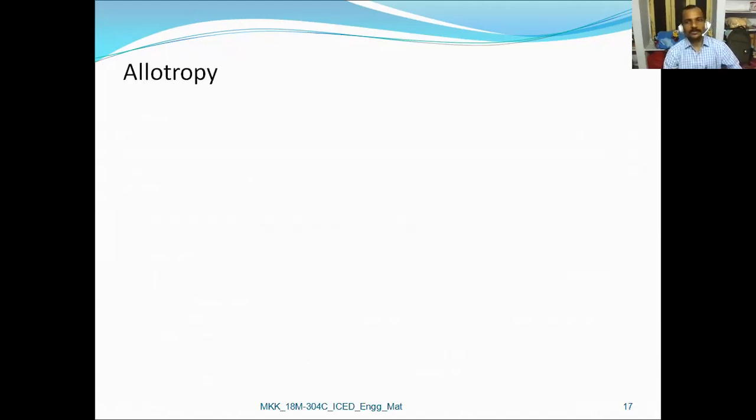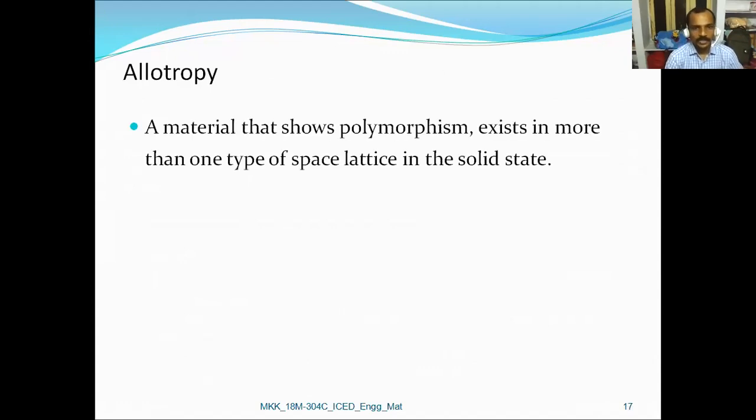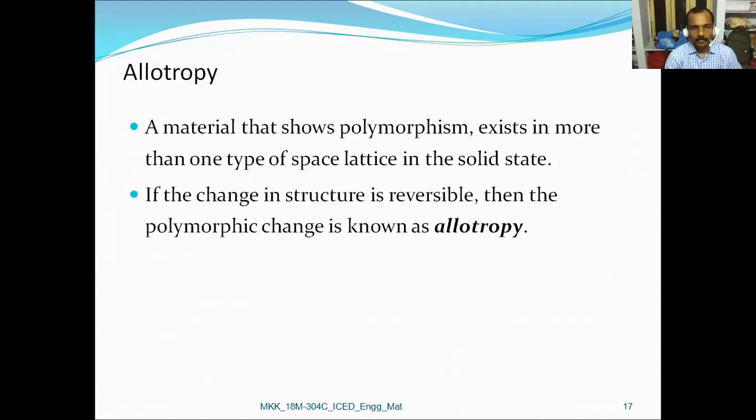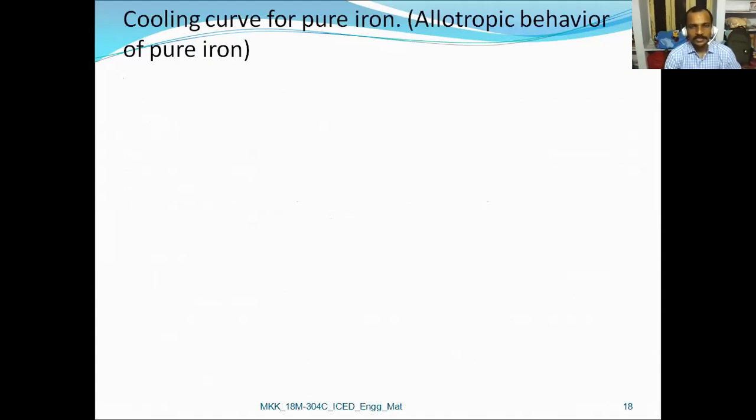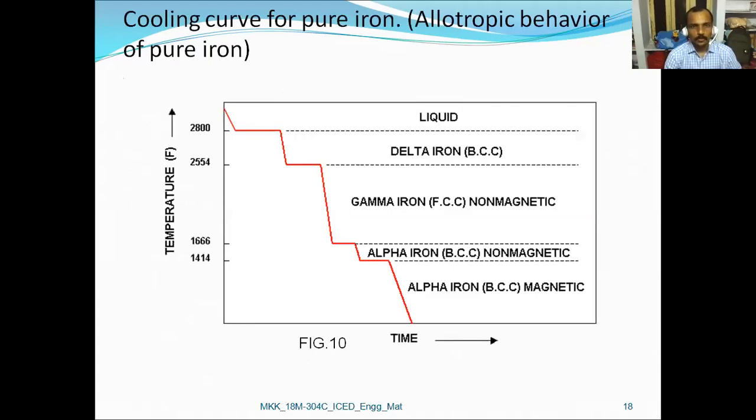Later we discussed allotropy. For a material which has polymorphism, if the structure change is reversible, then that polymorphic change is known as allotropy. Then we discussed the cooling curve of pure iron, and what happens at different temperatures.